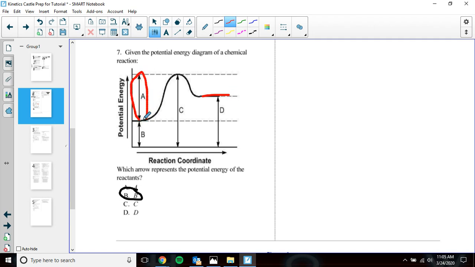A is the activation energy in the forward direction to get me up to the activated complex. C would be the potential energy of the activated complex. D would be the potential energy of the products. And I just wanted to give that as a little review.